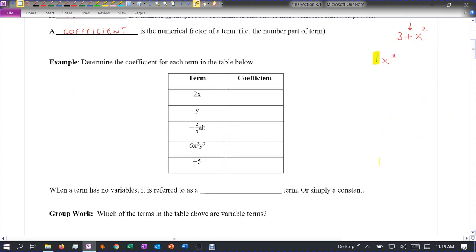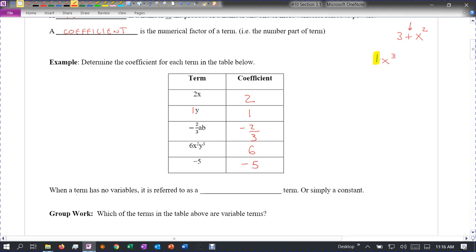Okay, so for this, we want to look at these and determine the coefficients. So looking at this term, 2 times x, the coefficient is 2. Here, there's a 1 in front of that y, so 1. Here, negative 2/3 is the number in front of a times b. Here the number 6, and here by itself negative 5.